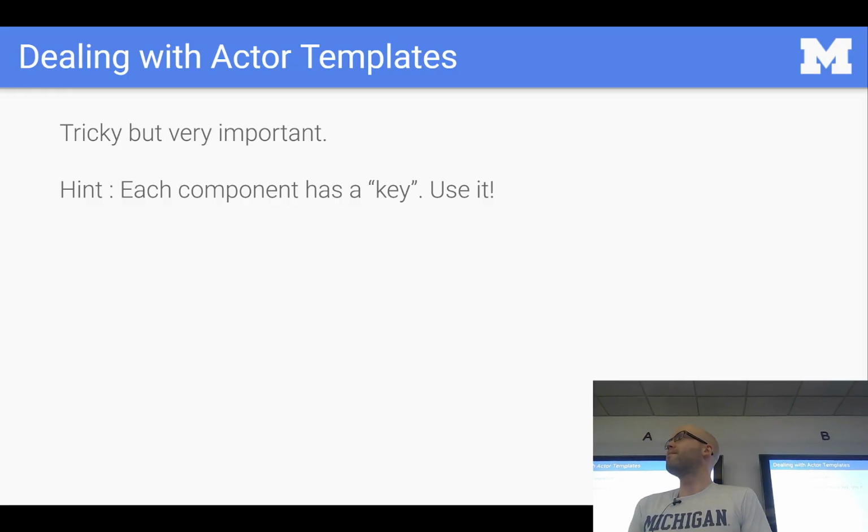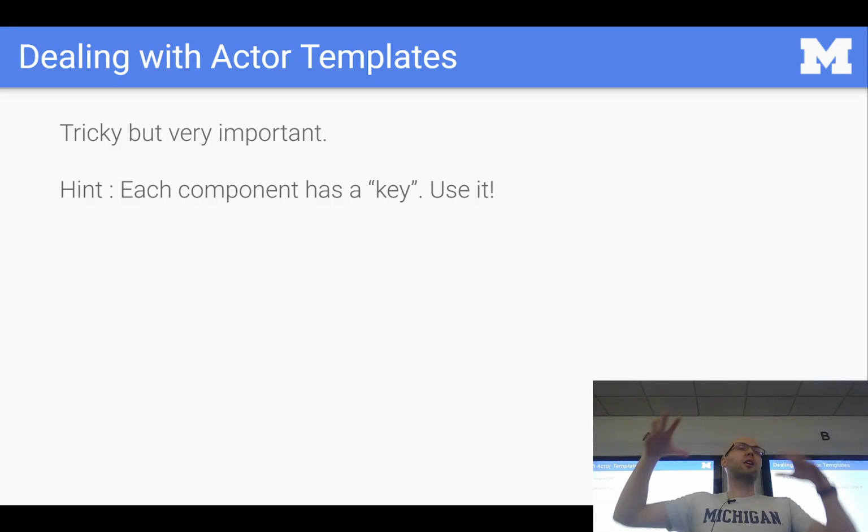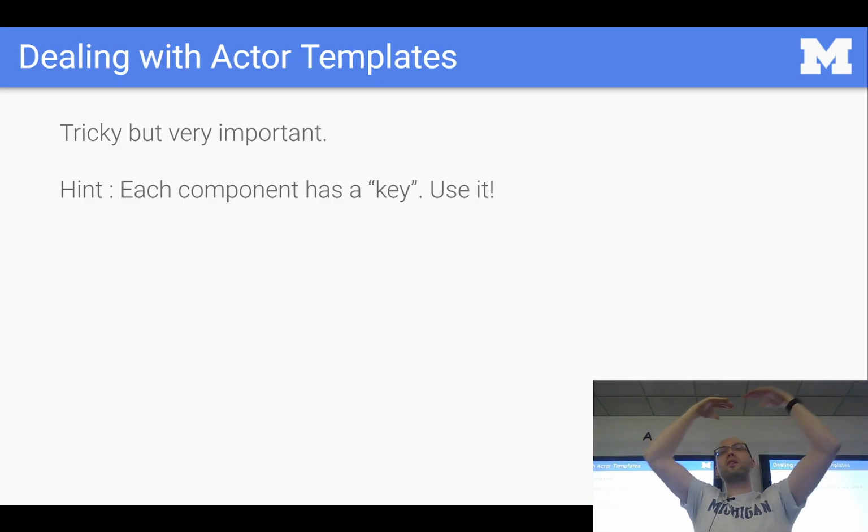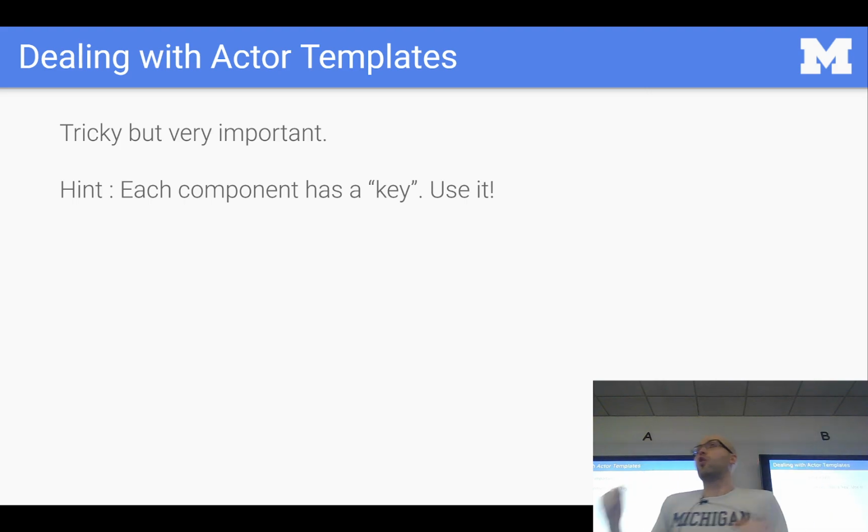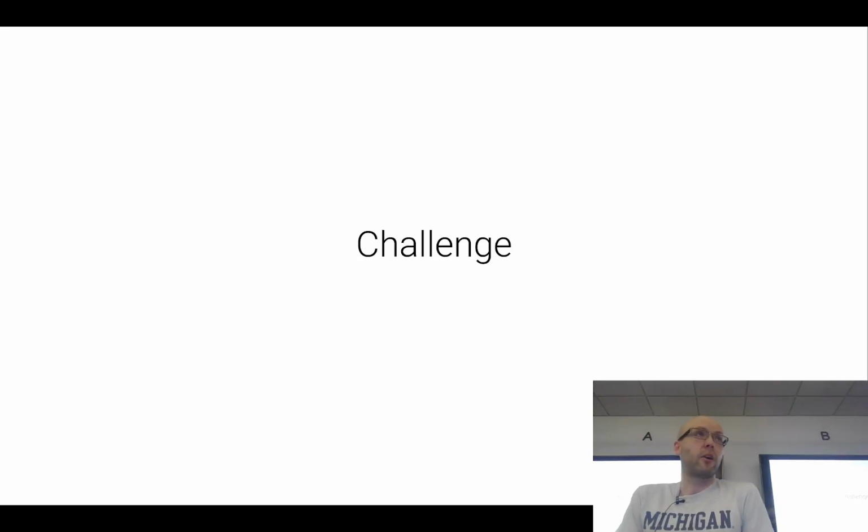I didn't know an elegant way to let a game designer decide when they are overriding variables, whether they are overriding a component that already exists on the prefab, the actor template, or whether they're adding a brand new component that sits alongside a component from the actor template, okay? It's an ambiguous situation, but we ended up resolving it in a very elegant way. So you might want to think about it, okay?